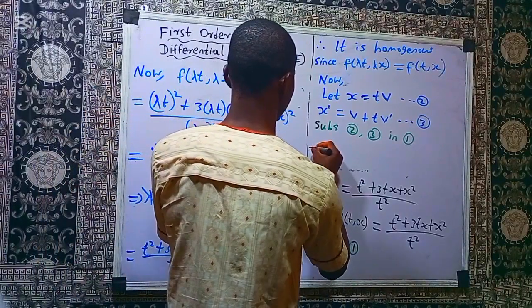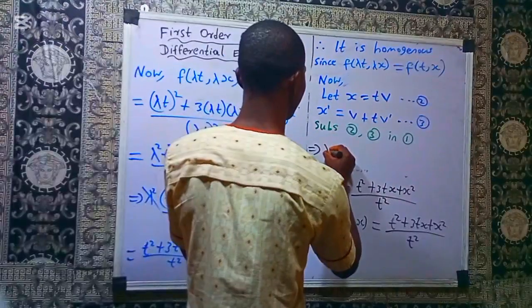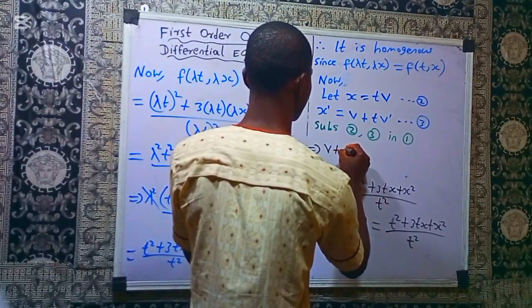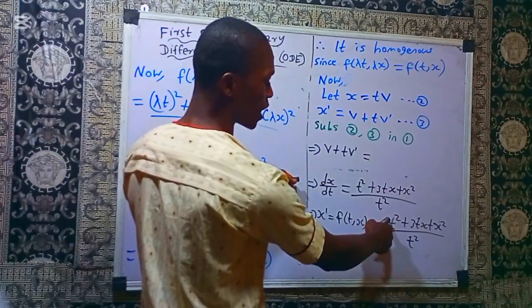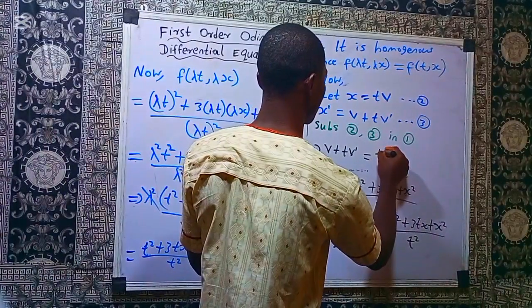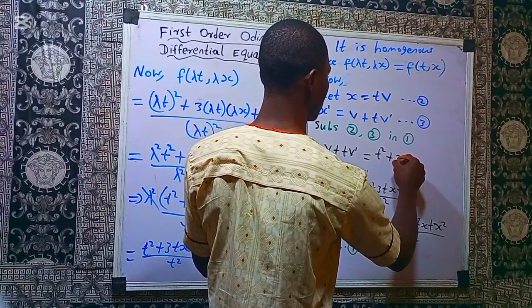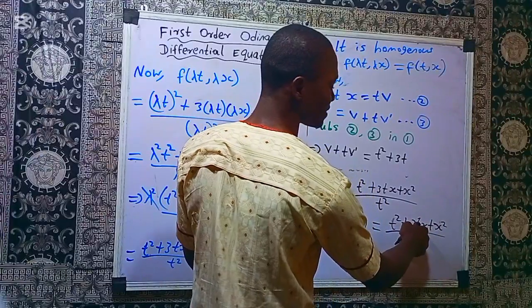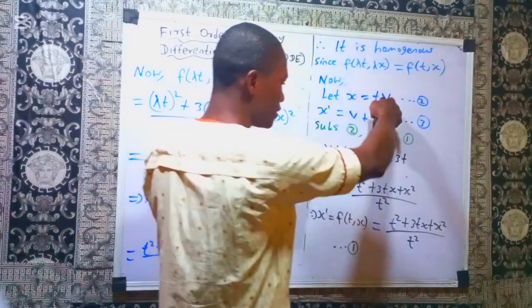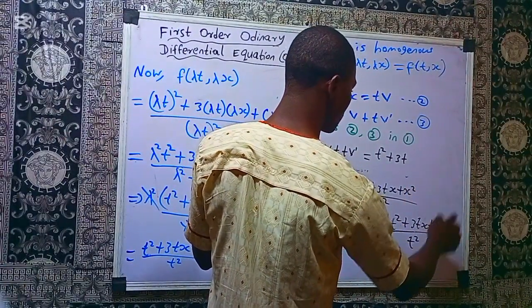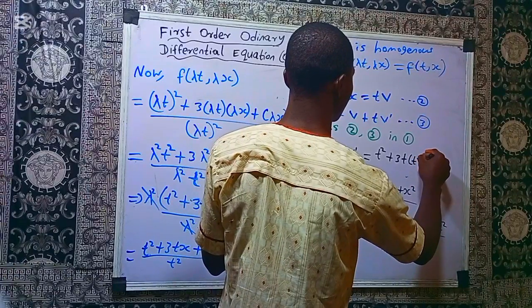So let's substitute. Instead of x prime, we replace it with v plus tv prime, equal to, at the right hand side, t squared, plus 3t, then x. Instead of writing x, I'll write tv.